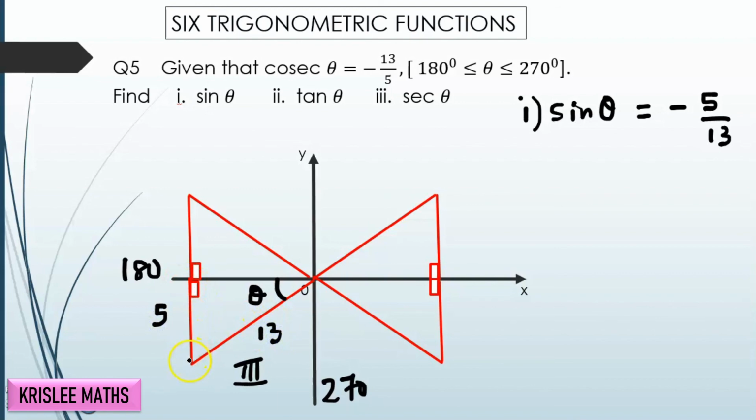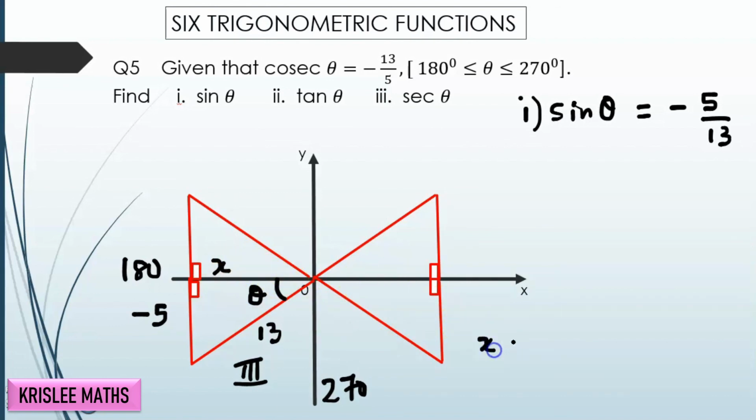Remember, the y here is parallel to the negative y-axis, so you need to put the negative sign. Next, you find the x. We have the hypotenuse and one of the sides, so you find the third one using the Pythagoras theorem.